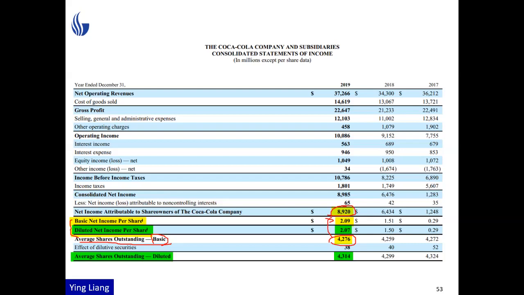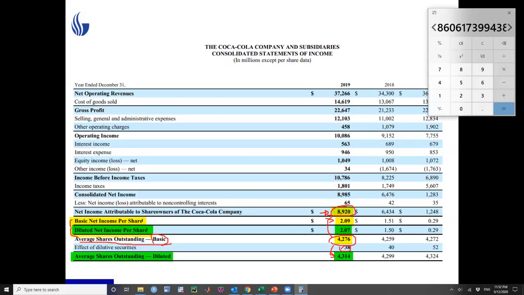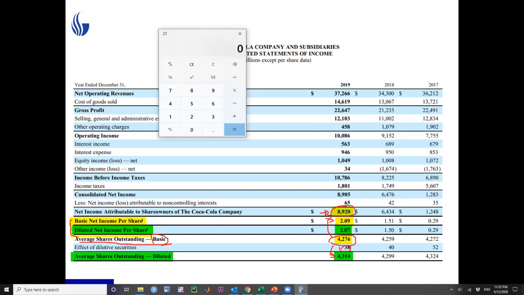Now, do you want me to get the dilutive one? That's not hard either. So we still start with the numerator, it doesn't change, right? It's just the number of shares increases from 4276, increased by 38 to the green one, 4314. So I'm still using the 89.20 as my numerator, which is the net income portion that can be used to distribute to common shareholders.